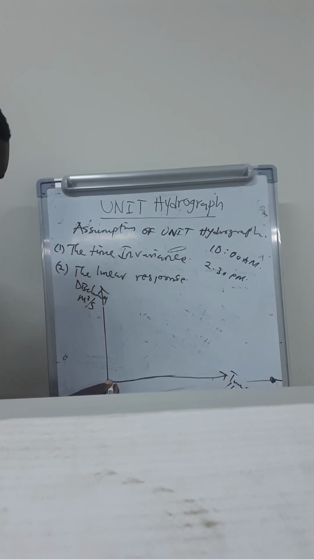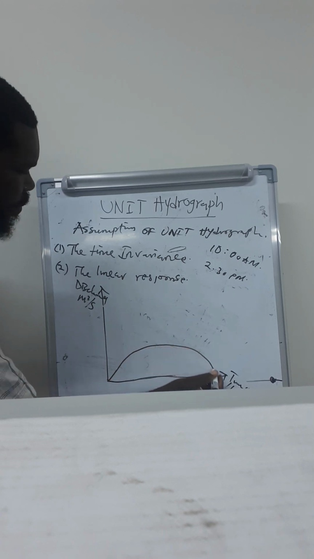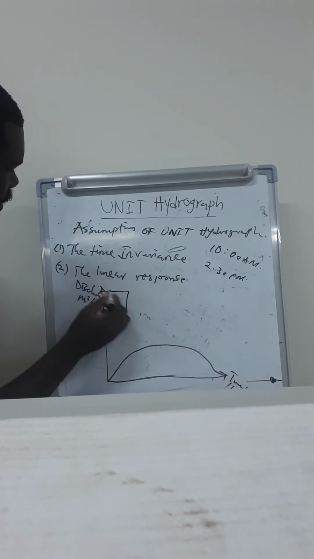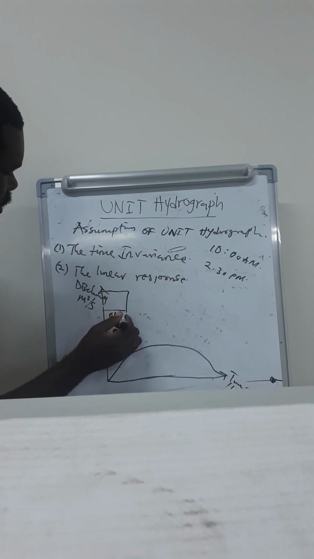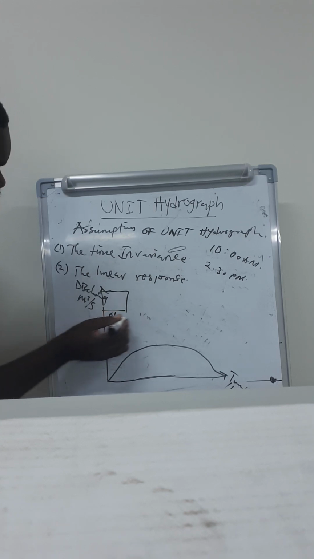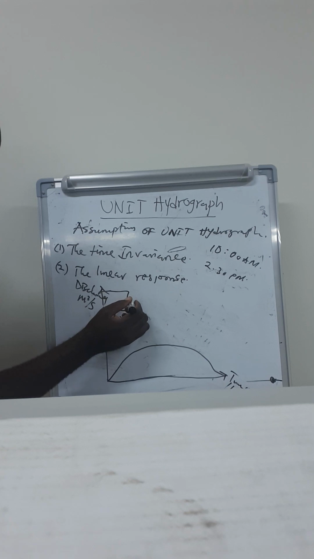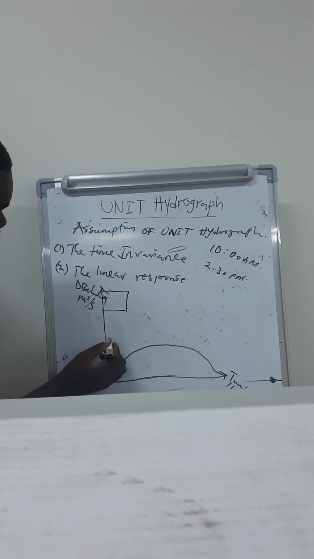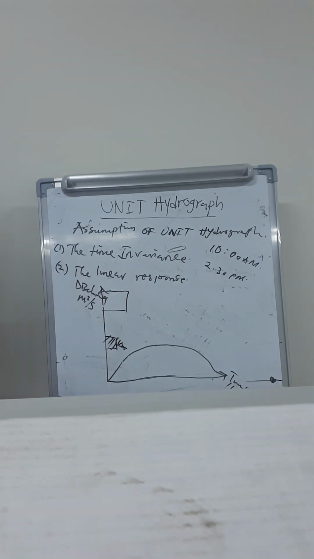So if this is the hydrograph, let's say the duration of the storm is 6 hours, and let's say this is a unit hydrograph. Let's say the hydrograph has a rainfall depth of 1 centimeter for 6 hours.